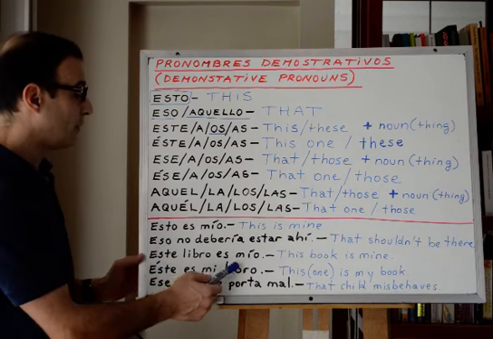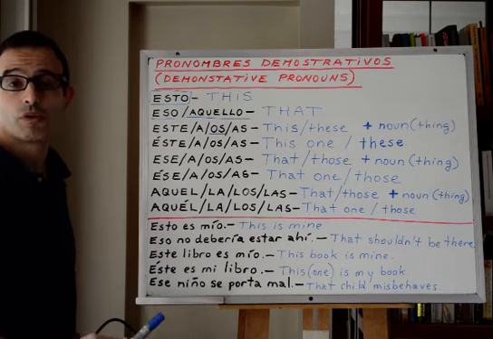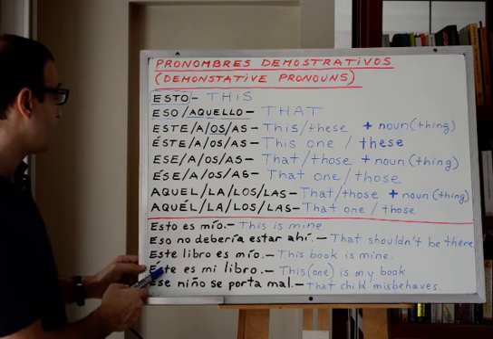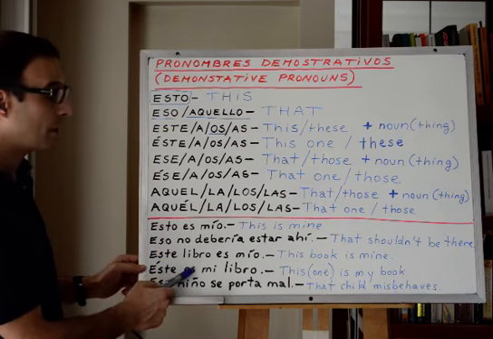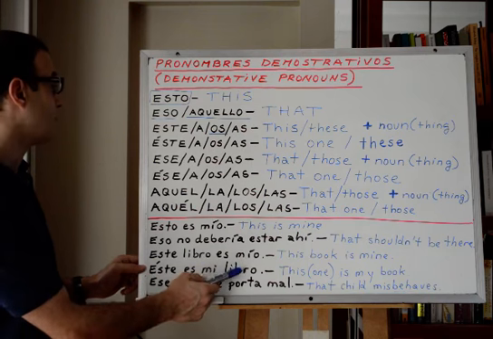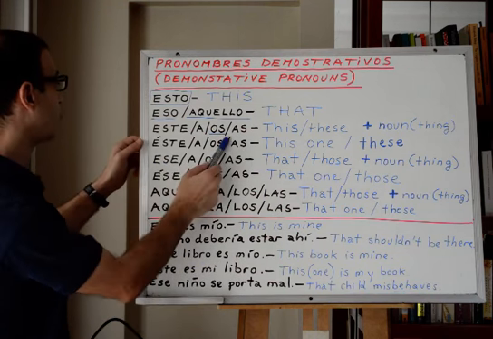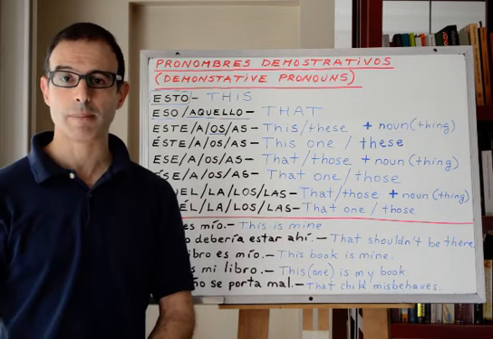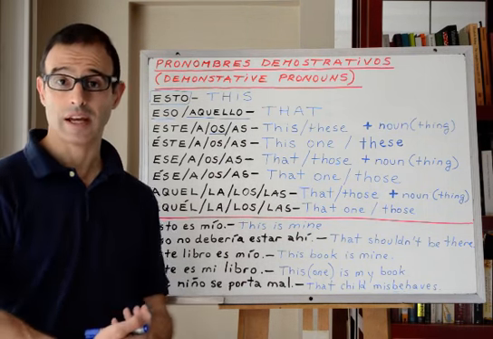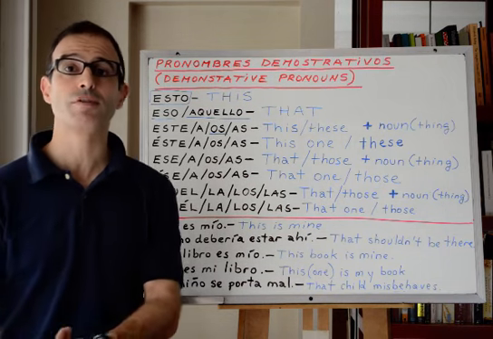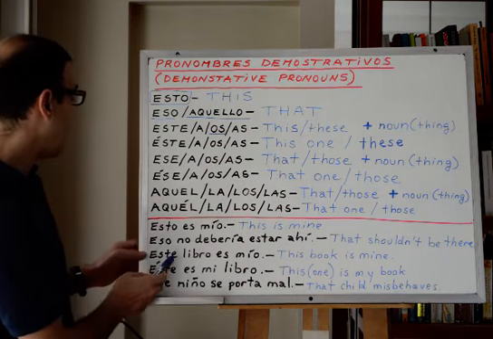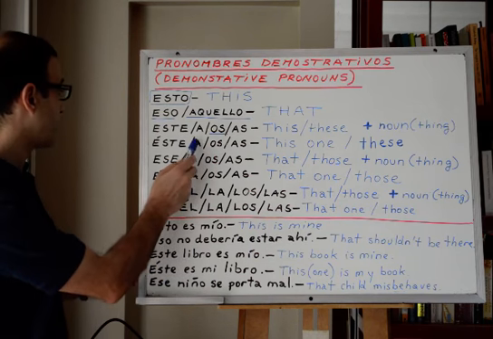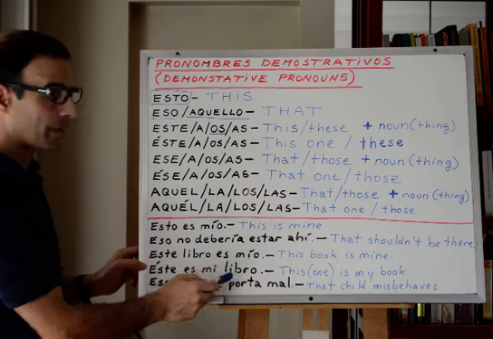And if instead of libro, I was talking about libros in the plural, I would say estos son mis libros. Okay? Estos. If it were a feminine noun, like for example casa, which is a house, it ends with A and therefore it is feminine. I would say esta, with A, es mi casa.